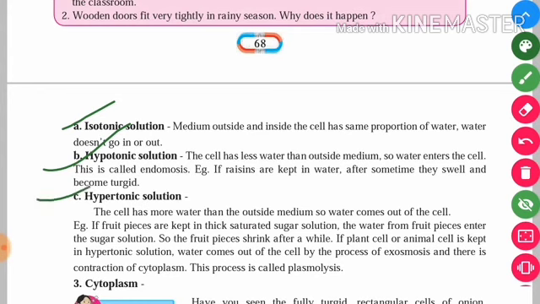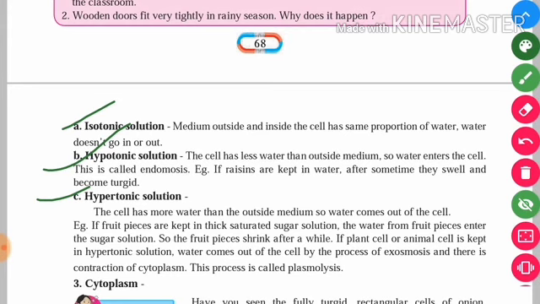Then hypertonic solutions, the cell has more water than the outside medium, so the water comes out from the cell. So this is the example of the hypertonic solutions. If fruit pieces are kept in a thick saturated sugar solution, the water from the fruit pieces enters the sugar solution.